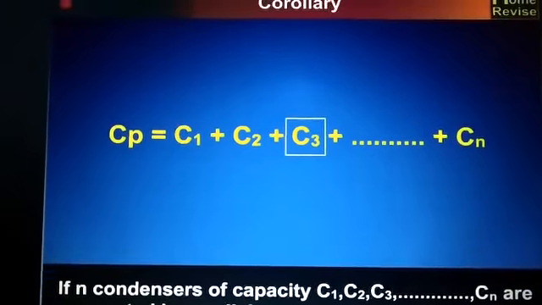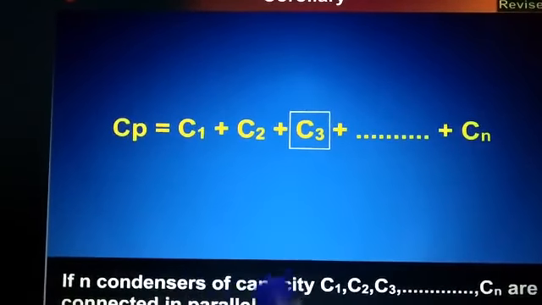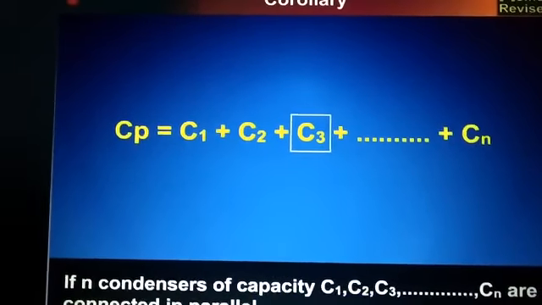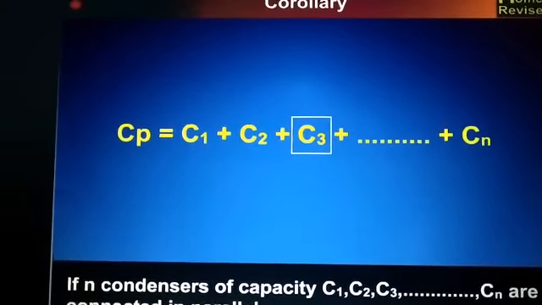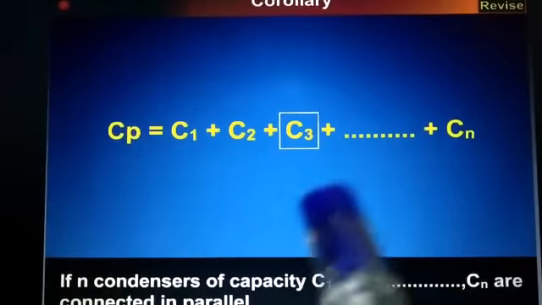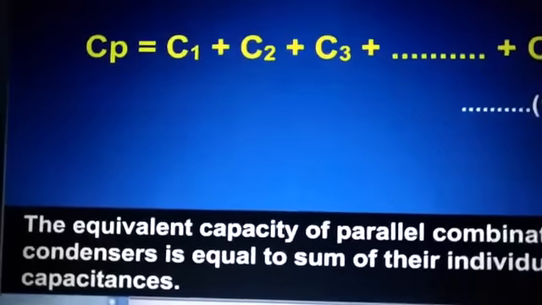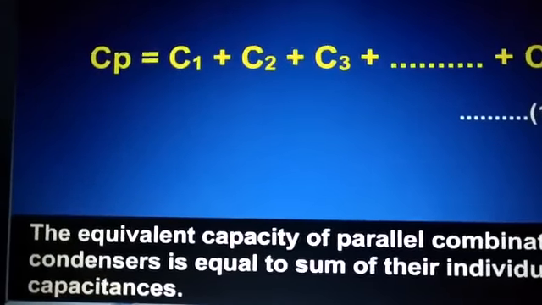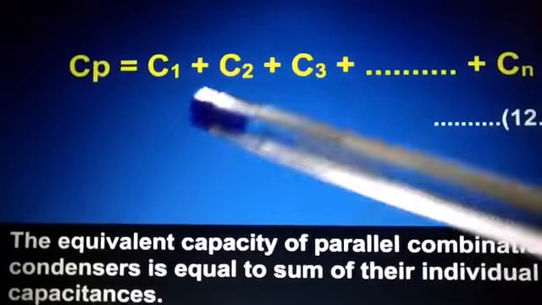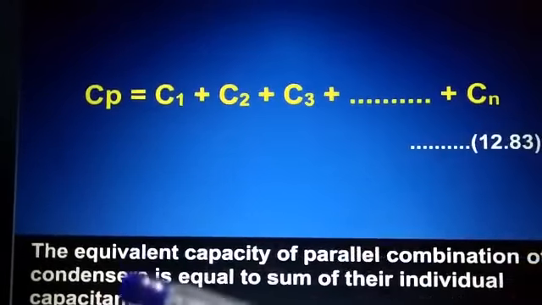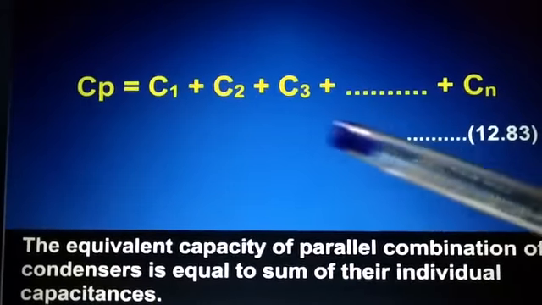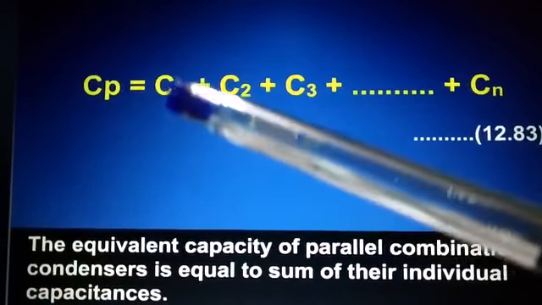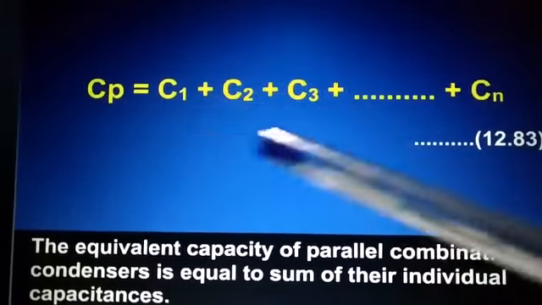So for n condensers of capacitances C1, C2, C3 up to Cn connected in parallel, we get the formula Cp is equal to C1 plus C2 plus C3 plus up to Cn. So the equivalent capacitance of a parallel combination of capacitors is equal to the sum of their individual capacitances. Here summation means addition.